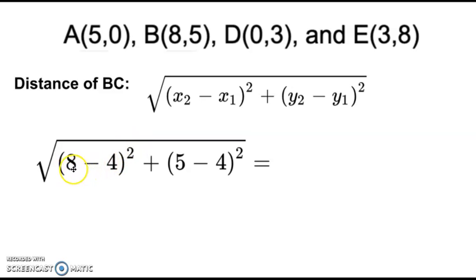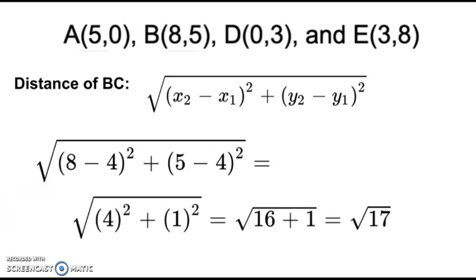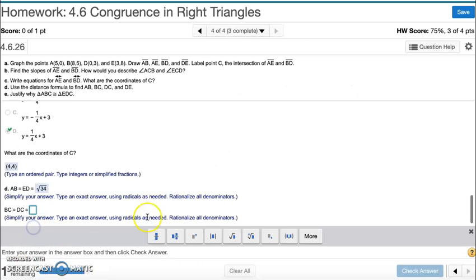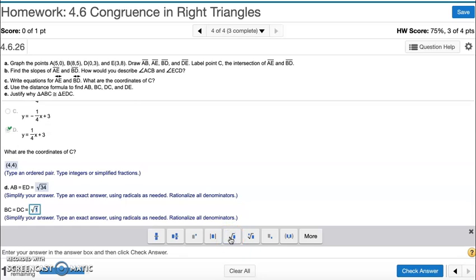The x's are 8 and 4, and the y's are 5 and 4. So 8 minus 4 is 4, and 5 minus 4 is 1. 4 squared is 16, and 1 squared is 1. Add them up and you get the square root of 17. That's not a perfect square, so leave it as square root of 17. Let's type it in.